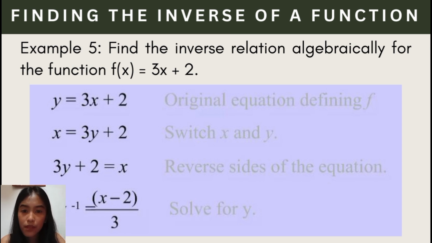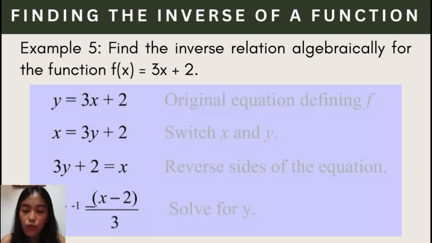So first step is you have to replace f of x with y. So we have here y is equals to 3x plus 2. That's the original equation defining f. And then for the second step, interchange x and y. So si x na ang naa sa pikas, dibaylo ra sila. So x is equals to 3y plus 2. Switch x and y. And then for step 3, solve the new equation for y.